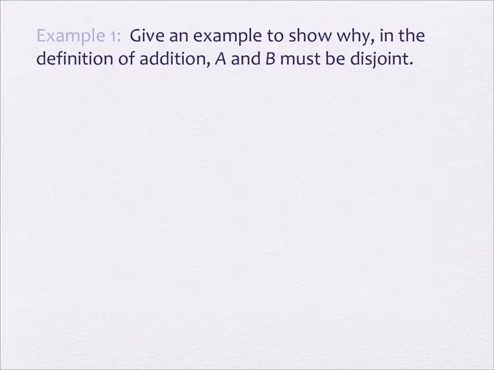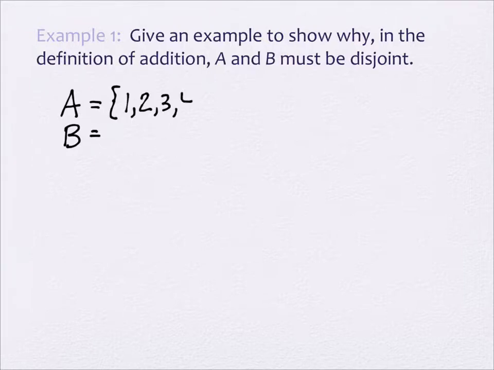What would happen? So that's exactly what it asks you to do. It says to give an example to show why you have to have things that are disjoint. So what we're going to do is create a set A and a set B where they have something that makes them not disjoint, i.e. they overlap one another. So I'm going to make set A equal to the set 1, 2, 3, 4.